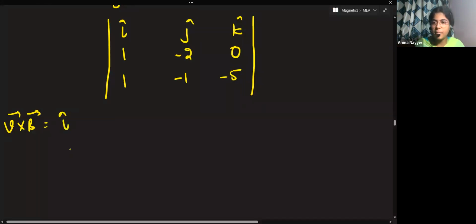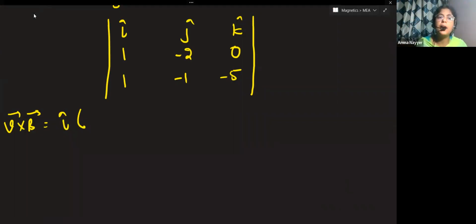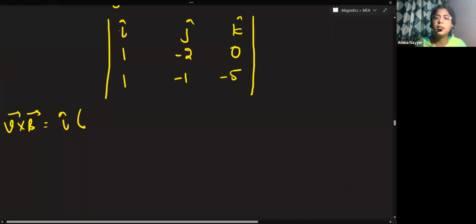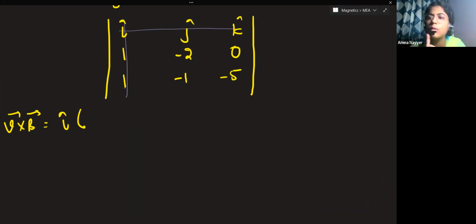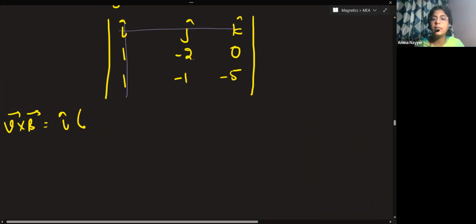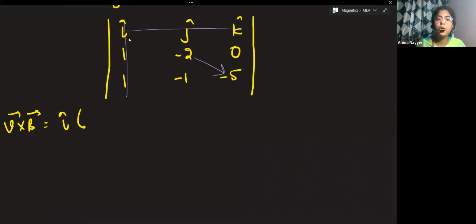Firstly, write I cap. Now, whatever is there apart from I cap, cut it. Cut this whole row of I cap. You are considering I cap right now. Now cross multiply this. What do you get?